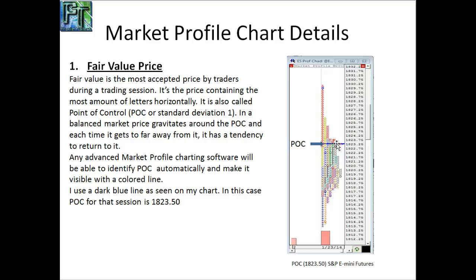When market is in a state of balance, price has a tendency to fluctuate around the point of control. So look at it as a magnet. In a balanced market, if you know what your point of control is, when price gets too far away from it, it has a tendency to come back to it.